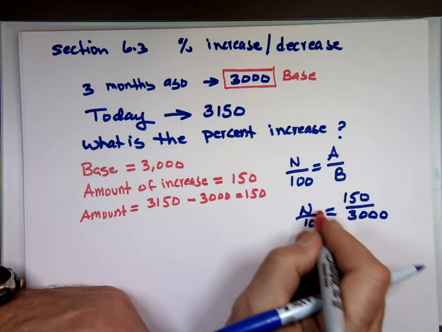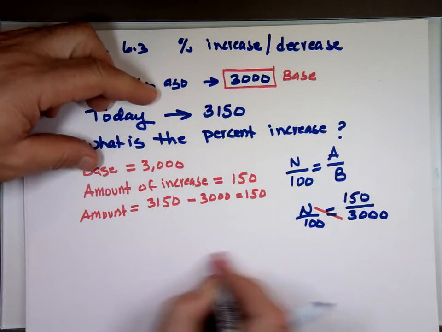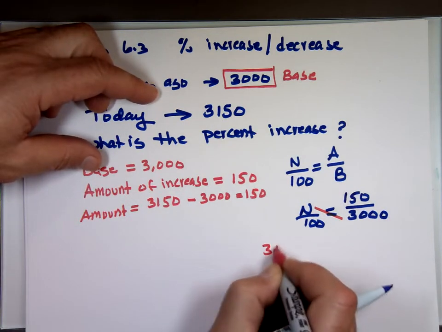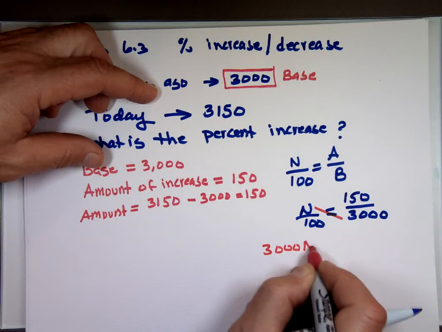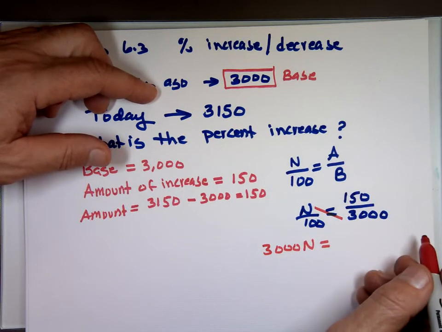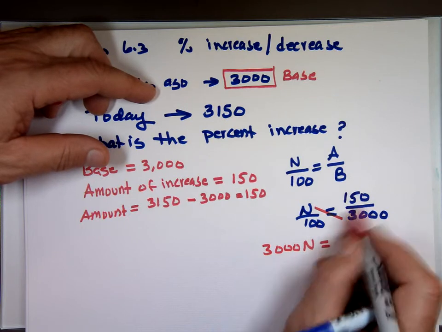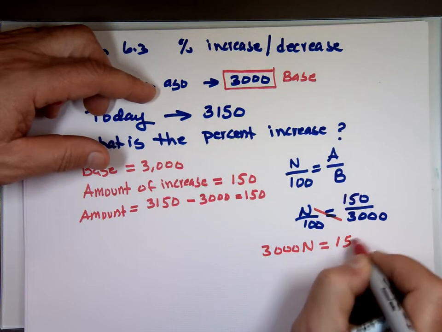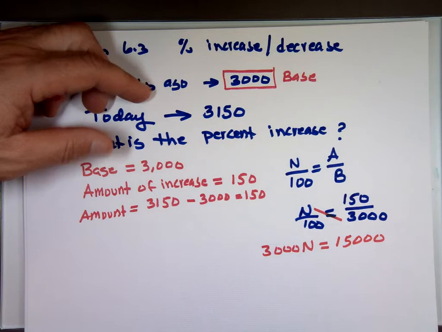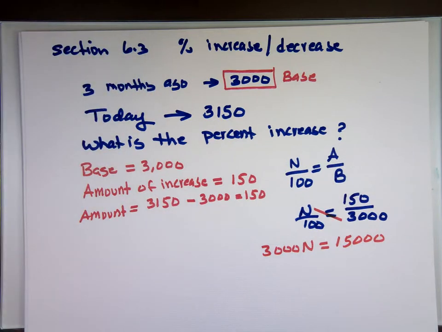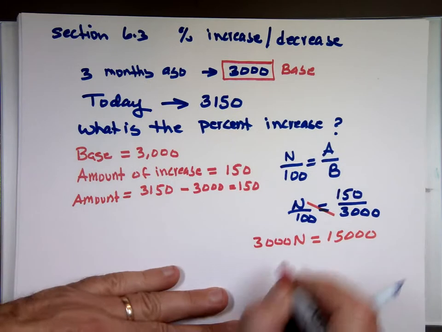Now cross multiply. N times 3,000, which is what? 3,000 N. You can simplify if you want to. Take some zeros out. I left them there. What's 100 times 150? Add 2 more zeros. So what is N?